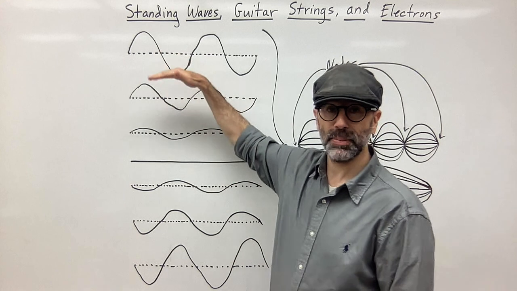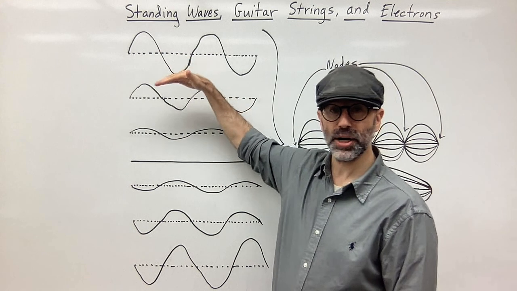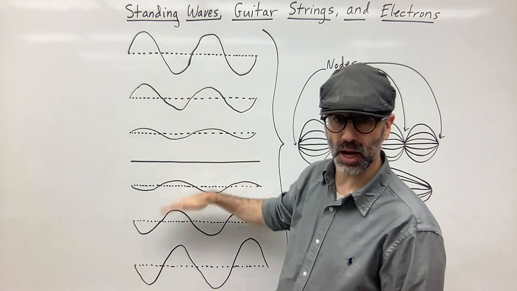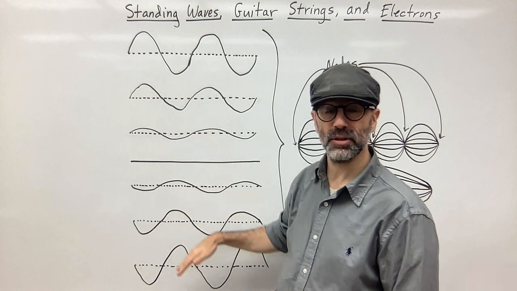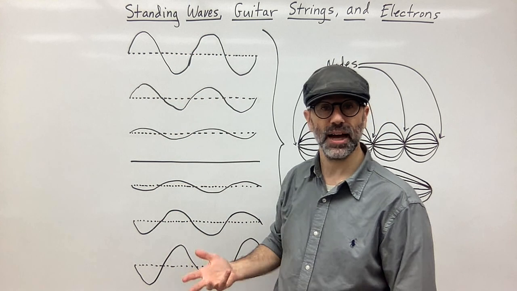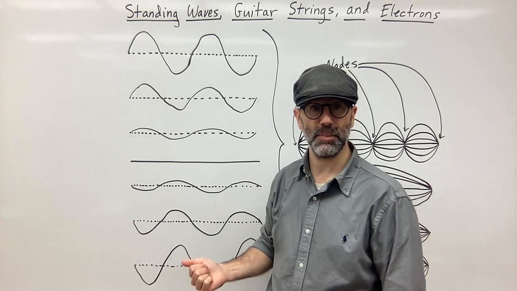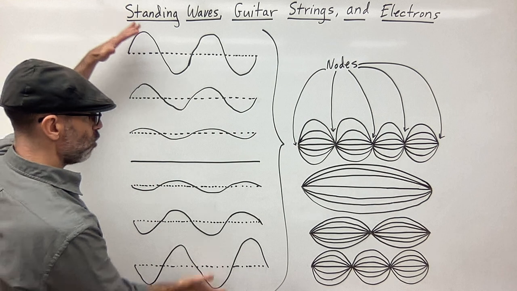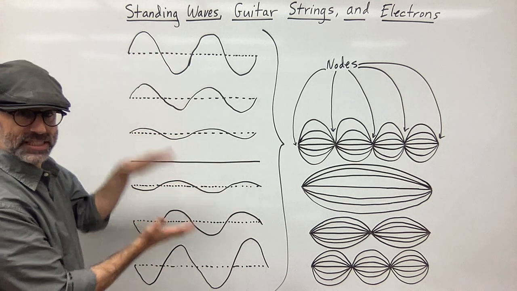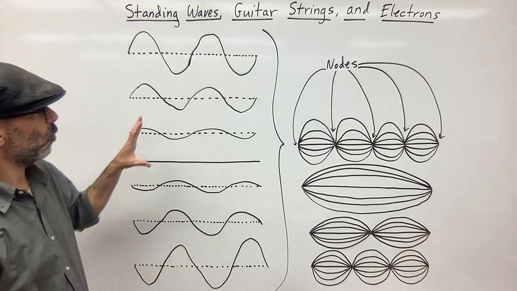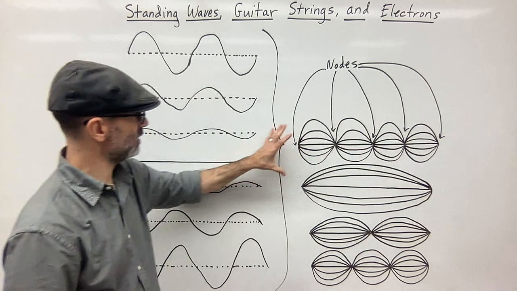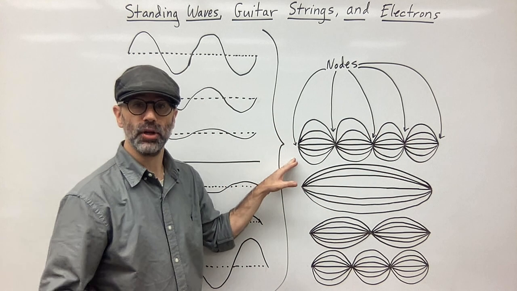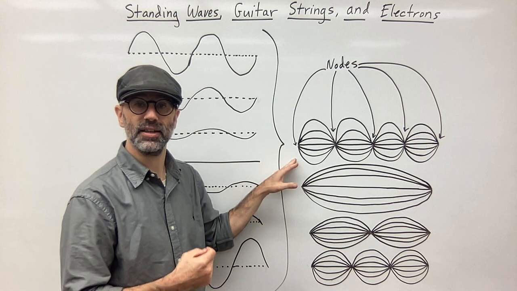So basically what happens is when you pluck the string, you're causing it to vibrate, and so the wave is going up and down as the string vibrates. Okay, so if we were to superimpose all of these snapshots into one, this is what you would actually see when you pluck the guitar string.